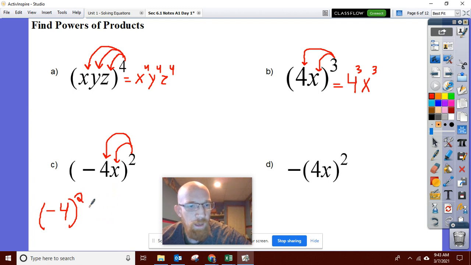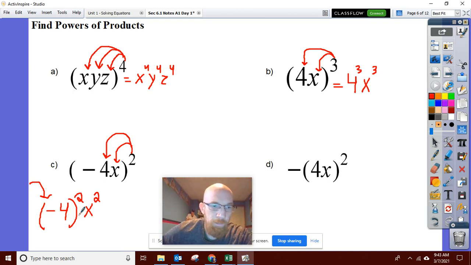And then we have x squared. Let's quickly do this math. This one isn't too hard. Negative 4 to the second power, what is that? It's as easy as negative 4 times negative 4, which will give you 16. And so our final answer would be 16x squared.